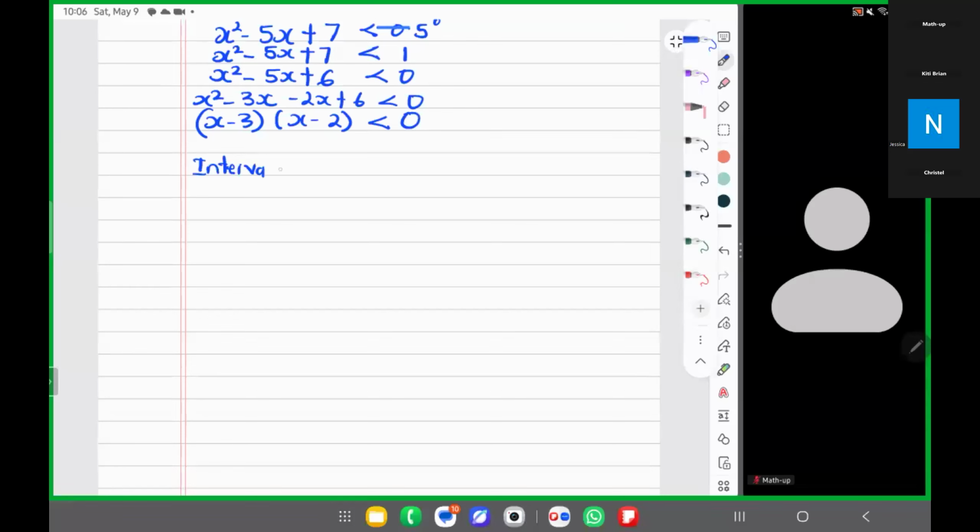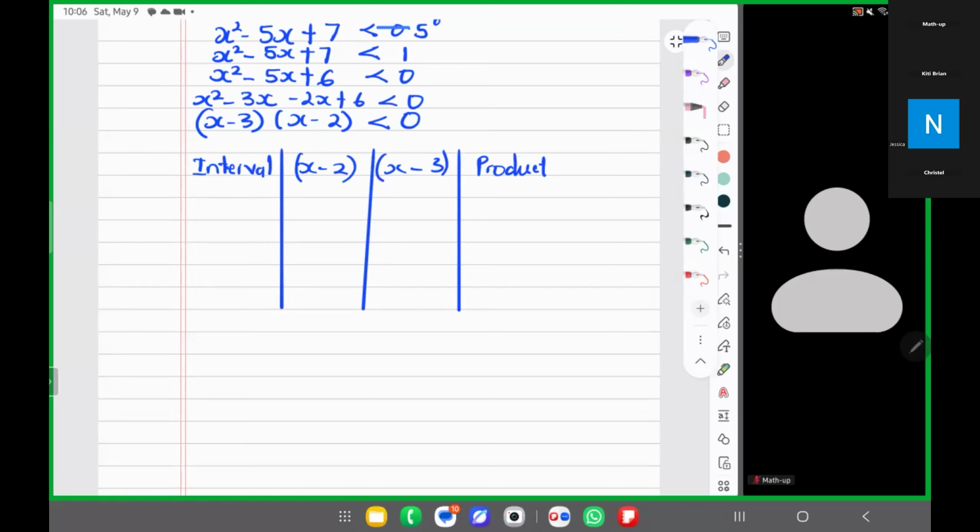We shall have the interval, x minus 2, x minus 3, and then the product of x minus 3 and x minus 2. So we are going to test out values of x when x is less than 2, then when x is between 2 and 3, so 2 less than x less than 3, and when x is greater than 3.